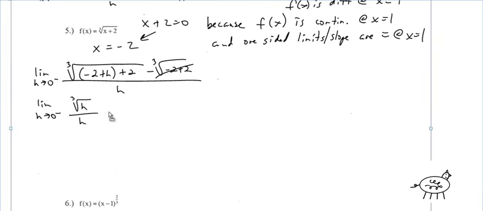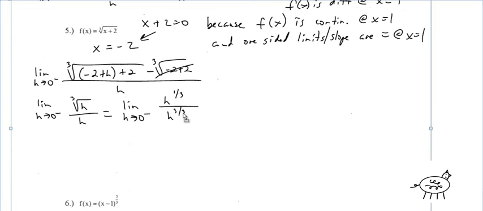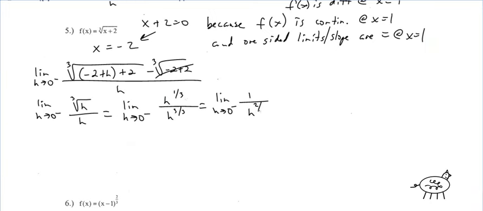I need to rewrite this, math fans, in order to really investigate this. So the limit as h approaches 0 from the negative side. Do you guys agree this is h to the 1/3 power over h to the, if you want to look at it, 3/3 power? So I can actually write this as the limit as h approaches 0 from the negative side, and can I just write this as 1 over h to the 2/3 power?